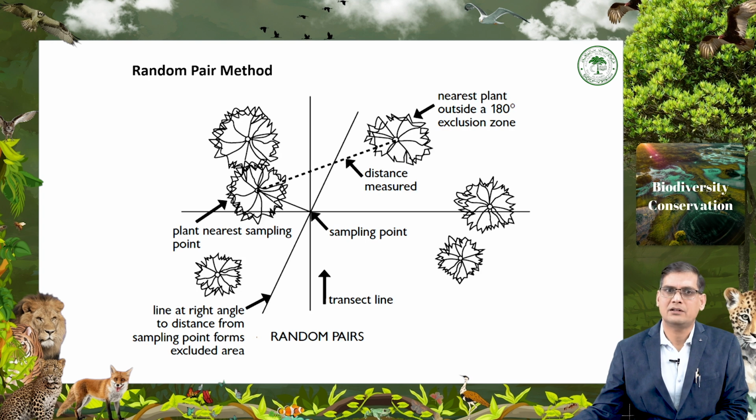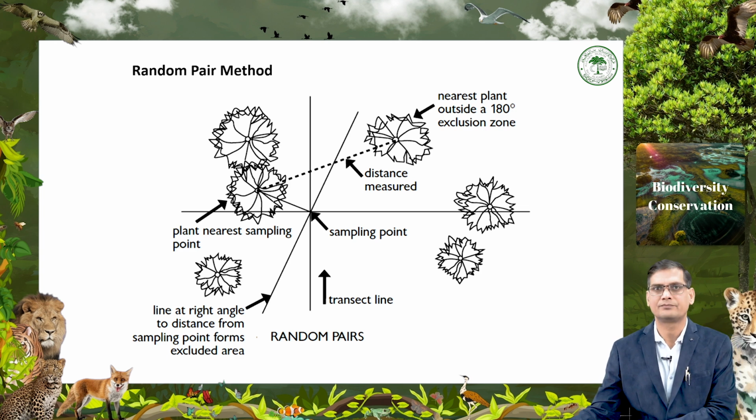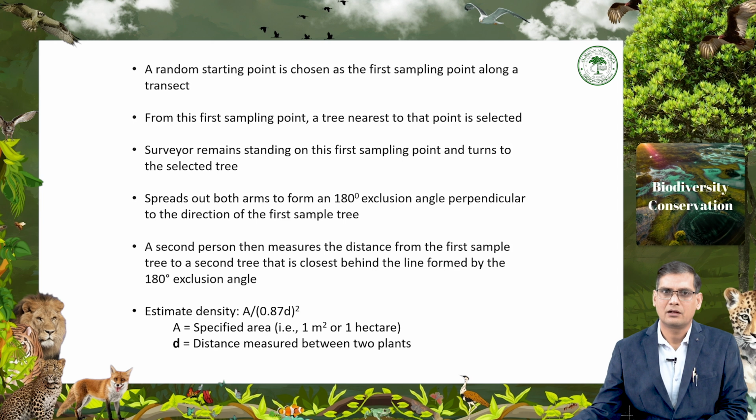Random pair method. It is the depiction of the random pair method, and it is using the distance between the random pair of plants in the study area to calculate the density of the plants. A random starting point is chosen as the first sampling point along a transect.